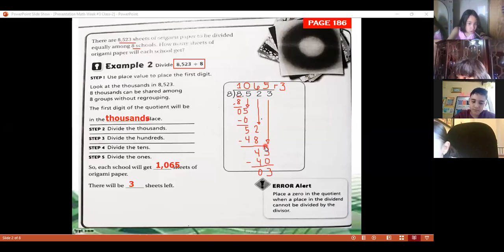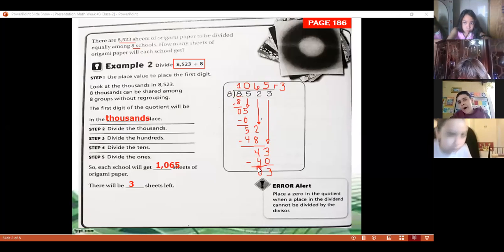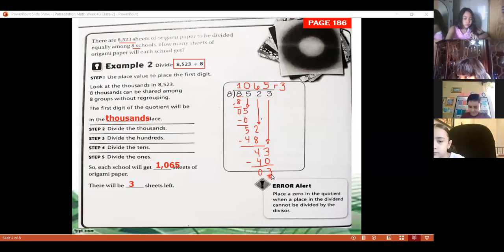Let's put down number 3 and we get 43. 43 can be divided into 8 groups because 8 times 5 is 40. 43 minus 40 equals 3. So that remainder is 3. And 1065 is the number of sheets of origami paper that each school will have.